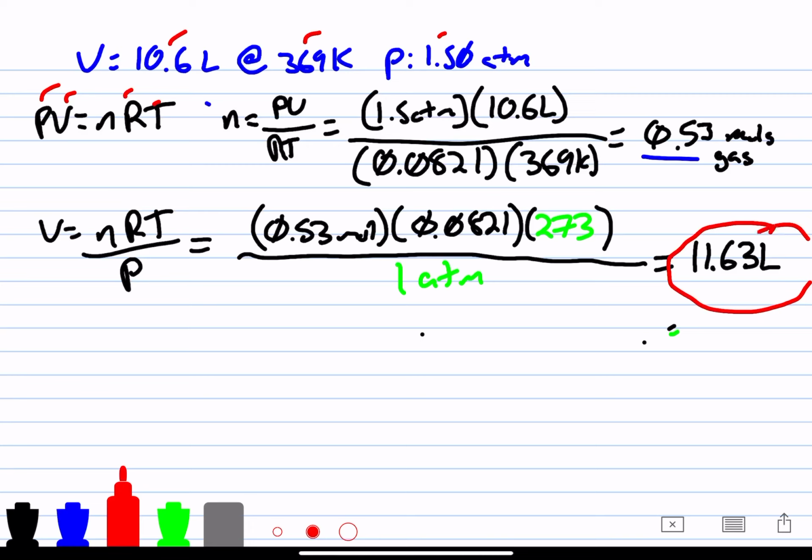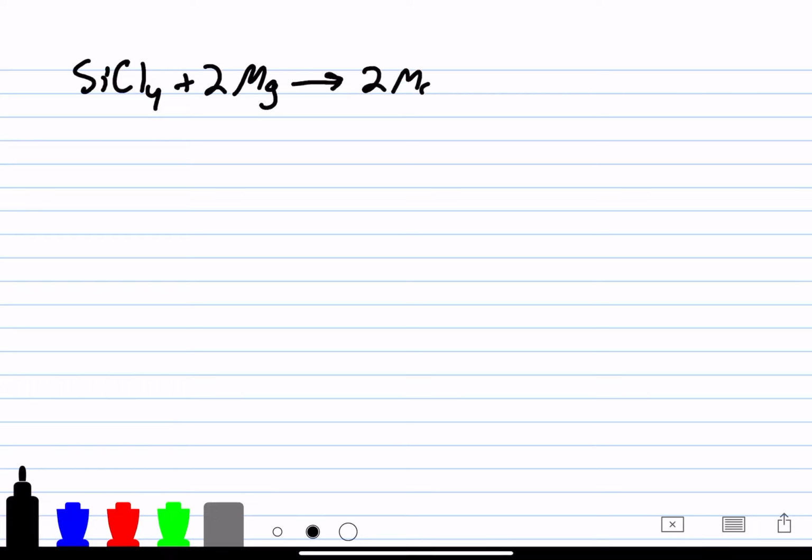Number 7. This is a question that we worked in class. The question asks us, sand is converted to pure silicon in a 3-step process, the final step being silicon tetrachloride plus magnesium goes to form magnesium chloride plus pure silicon.